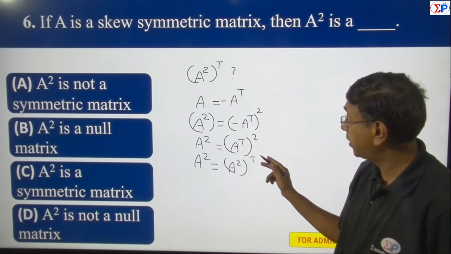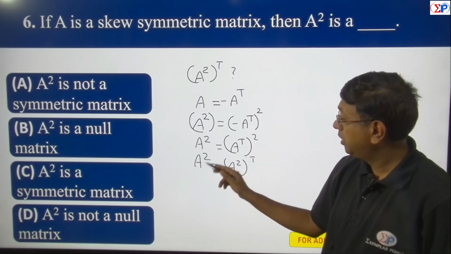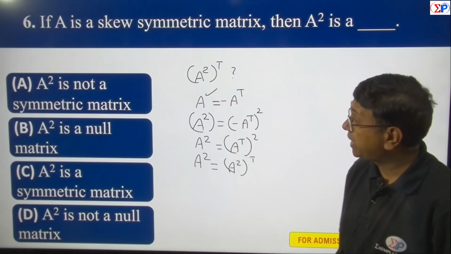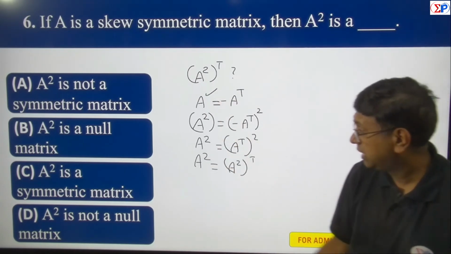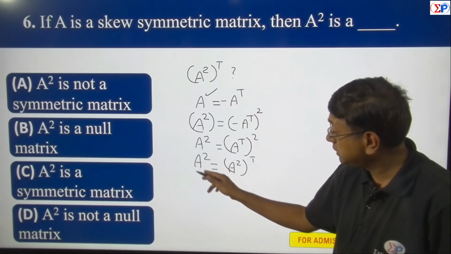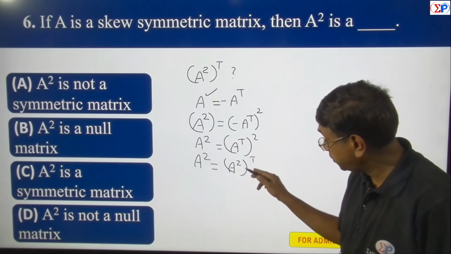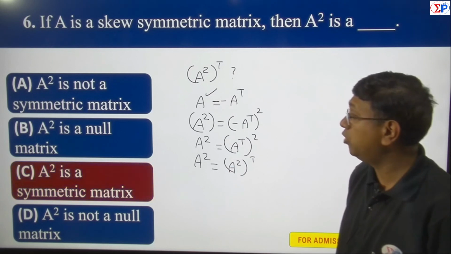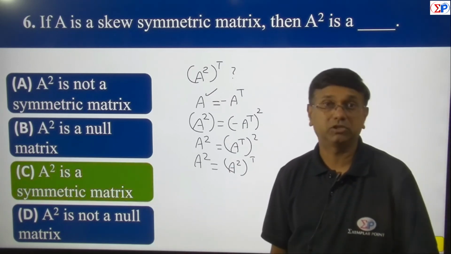A स्क्वायर टू द पावर T. तो मतलब अगर A स्क्यू सिमेट्रिक है तो उसका स्क्वायर सिमेट्रिक मैट्रिक्स है. क्यों? क्योंकि ये मैट्रिक्स का जो ट्रांसपोज है वो इसके बराबर है, तो वो सिमेट्रिक मैट्रिक्स आ जाएगा.